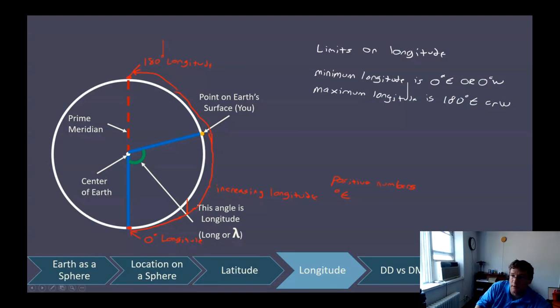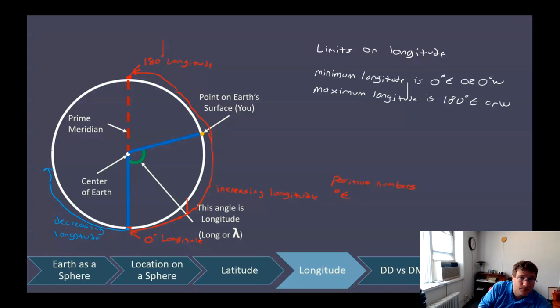The way that we get west is if we started at the prime meridian and we were to travel this way, we get decreasing longitude.